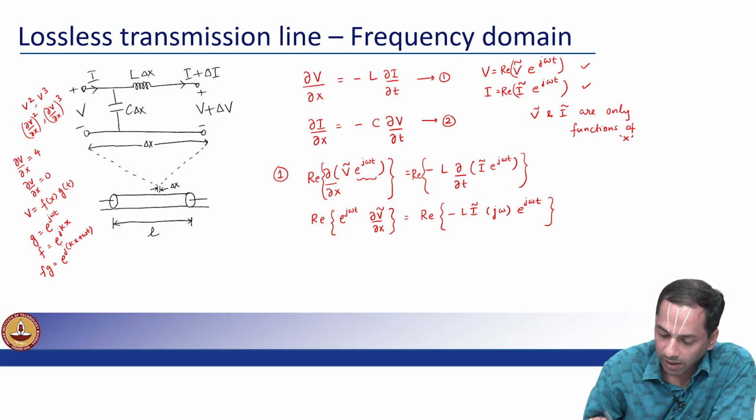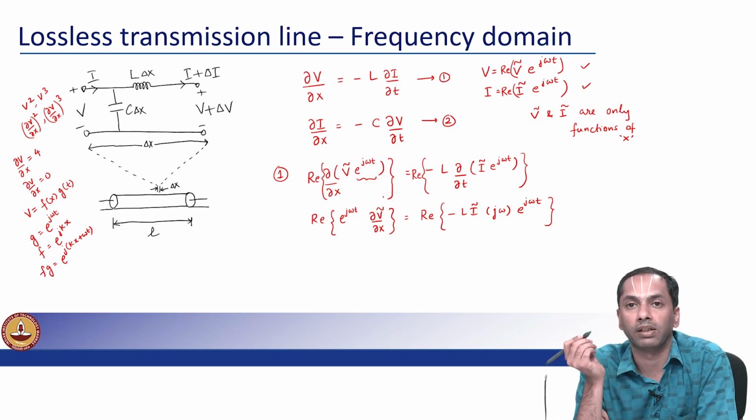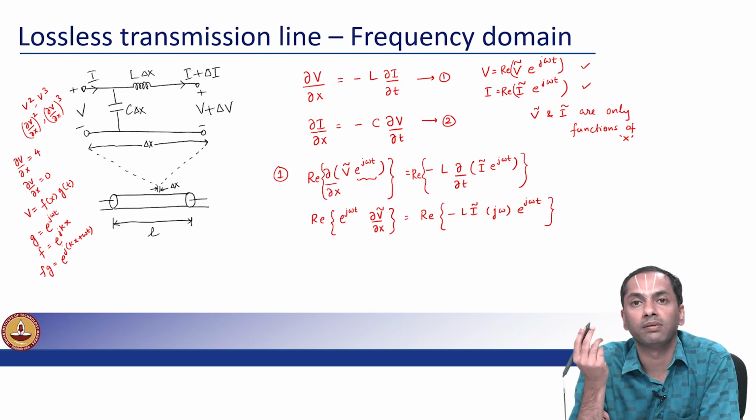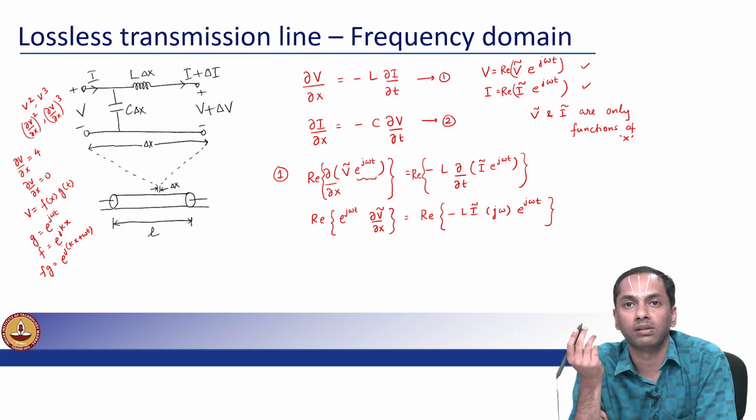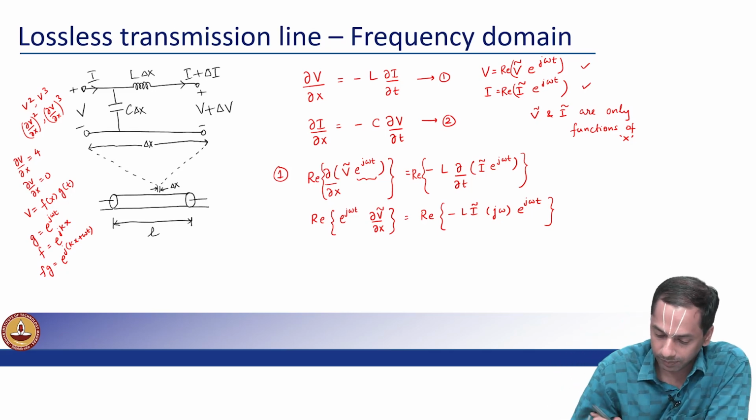So the convenient part of this is I can essentially just cancel out the e to the j omega t's from both sides, and now I have an equation that is only a function of x, right? So the time dependence has been completely removed.